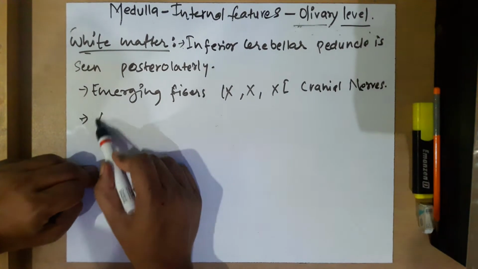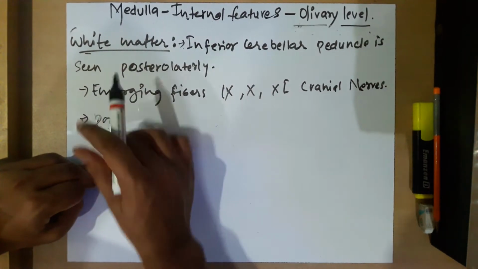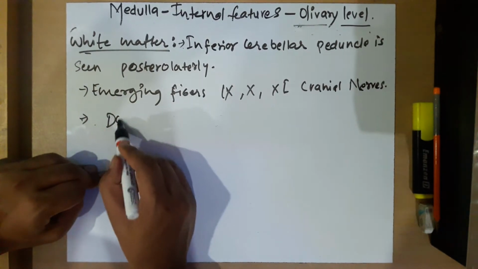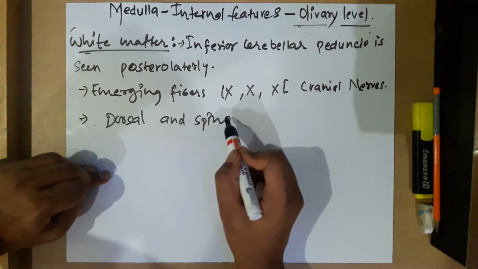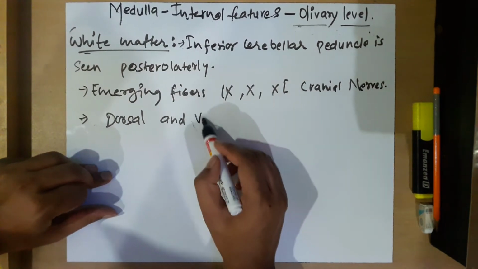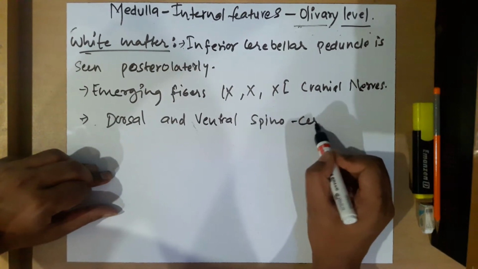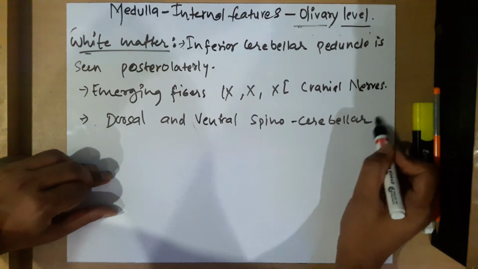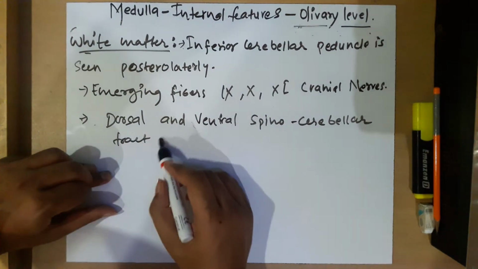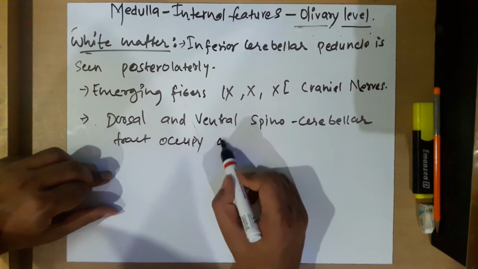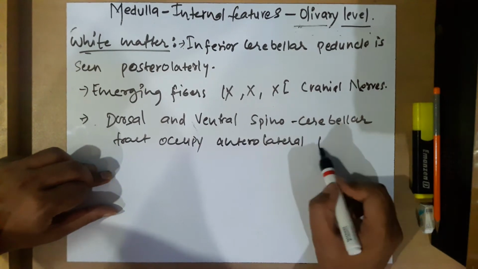And as we know, the dorsal and ventral spinocerebellar tracts occupy the anterolateral part.